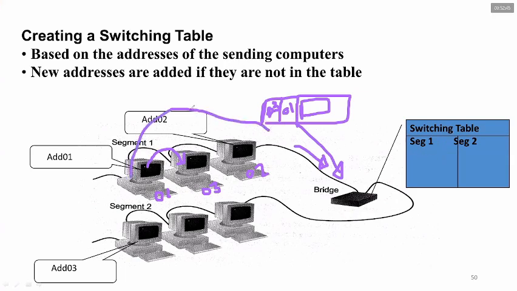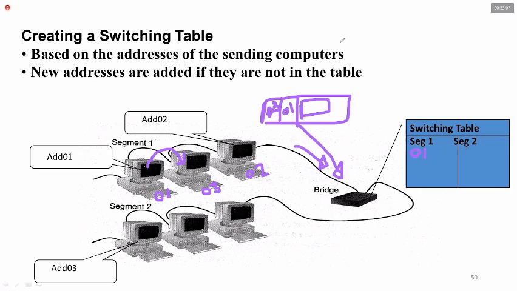Segment 1 is this part of the network, segment 2 is this part of the network. So it is segment 1, because it came from this side. If it has come from some computer called 1, that means 1 is in segment 1. So it will update its table: 1 is here.